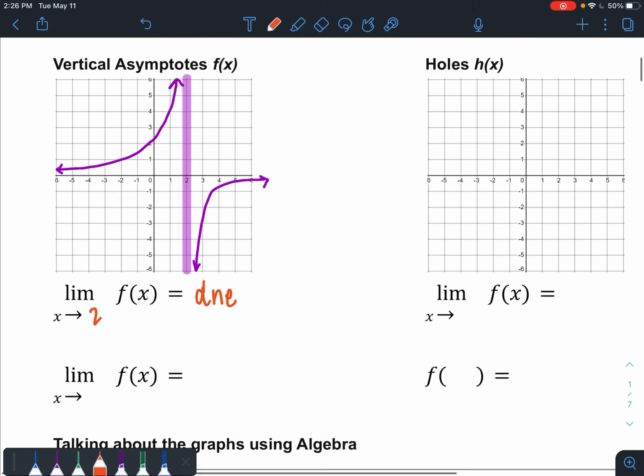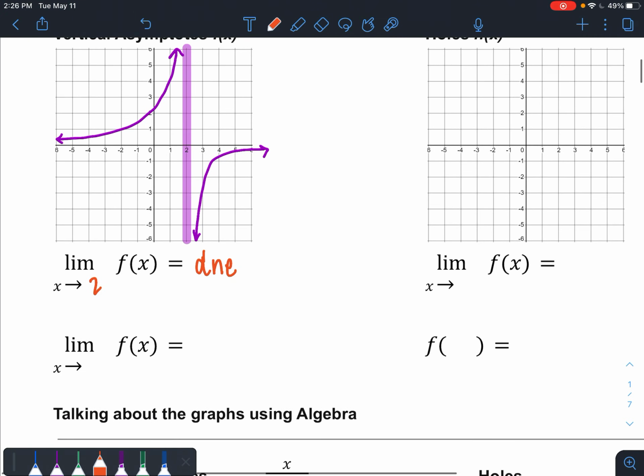The limit as x approaches anything else, for instance -1, is approaching 1.5 from the right and from the left.